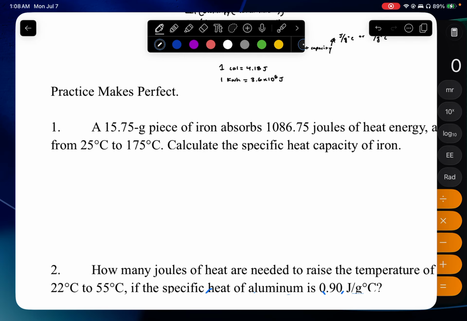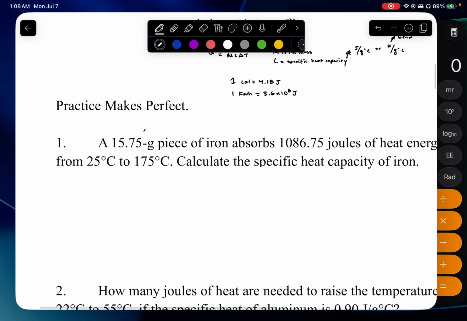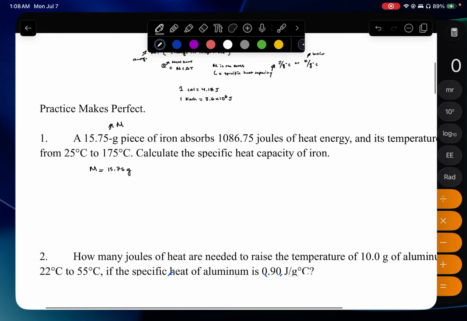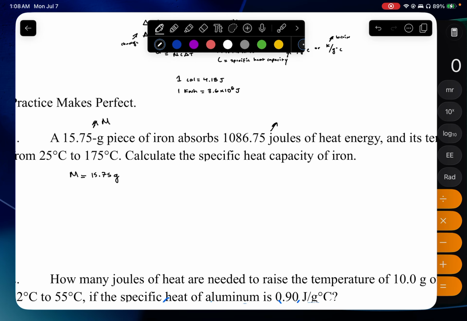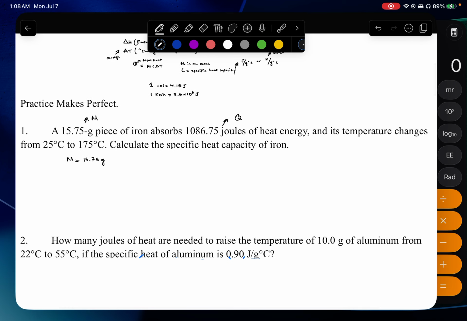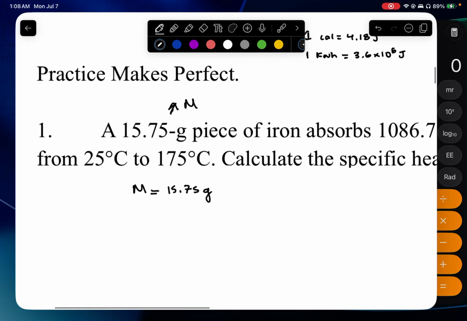Sorry about that. So we are given our mass, and this is our M. So let's write it down. M is equal to 15.75 grams. Now, this is our total heat, and our total heat is denoted as Q. So Q is equal to 1086.75 joules of heat energy, and temperature changes from 25 degrees Celsius to 175 degrees Celsius.